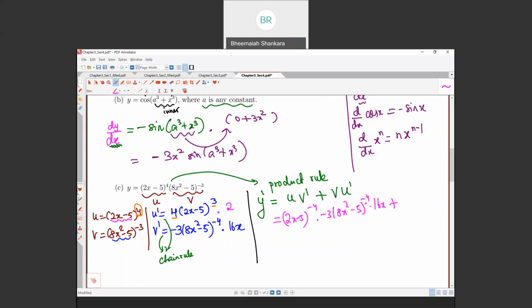V is the expression (8x squared minus 5) to the negative 3 and u prime. U prime is 4 times (2x minus 5) to the 3 times 2.